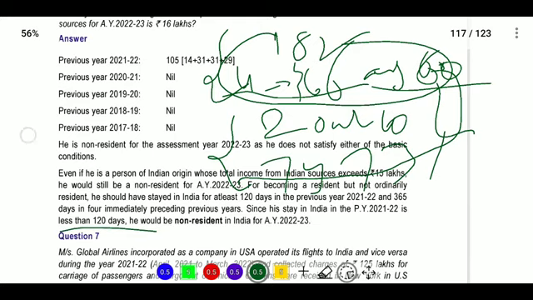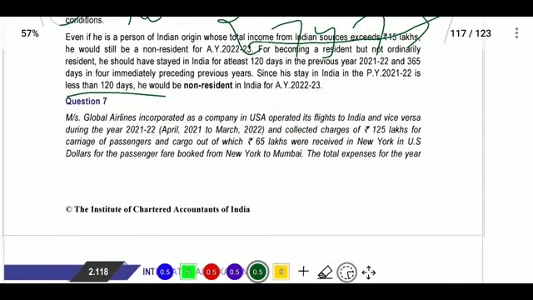So first we will see 182 days or 365 days and 60 days. When he is a citizen of India and his total income from Indian source exceeds 15 lakhs, then instead of 60 days we will see 120 days. Next, question number 7.